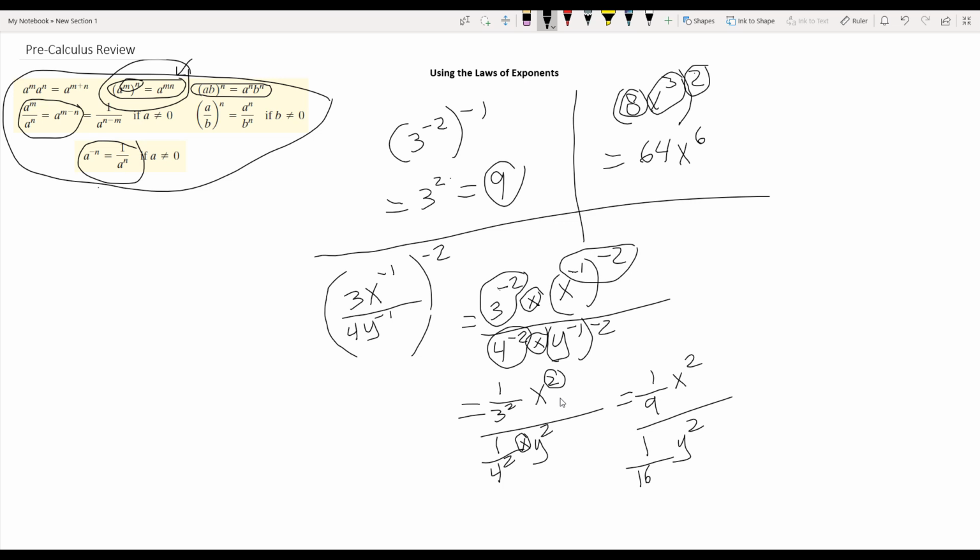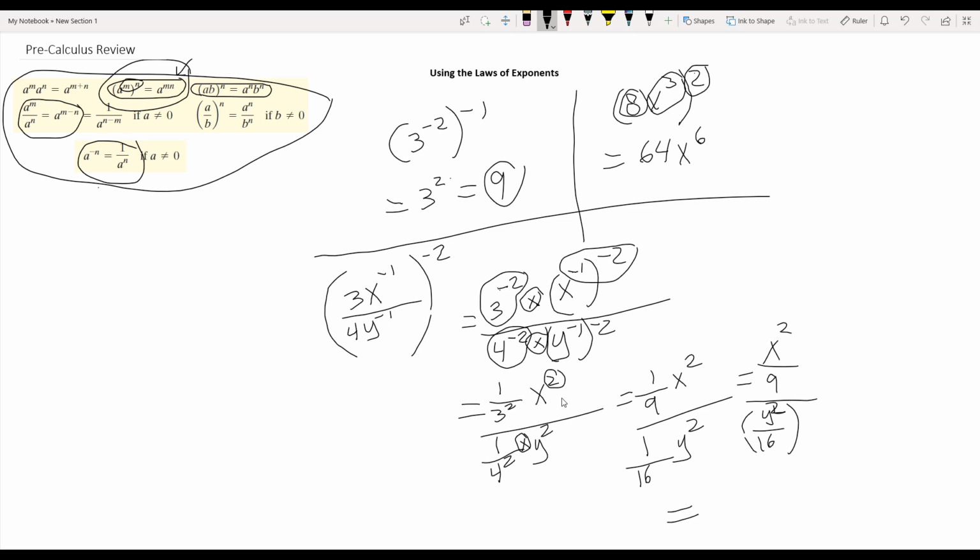Let me check if everything is good. Okay, so now we'll simplify this a little bit better. 1 over 9x squared over 1 over 16y squared, right?